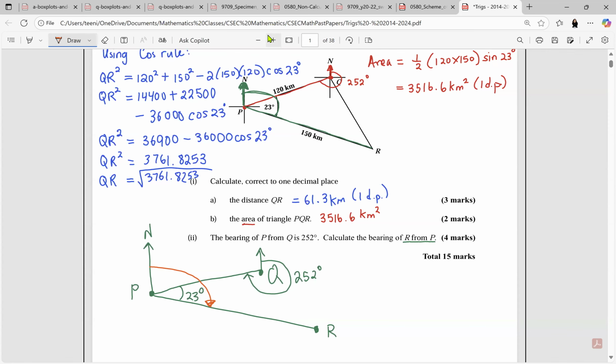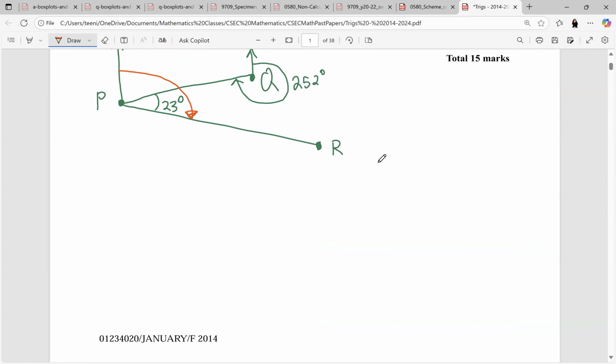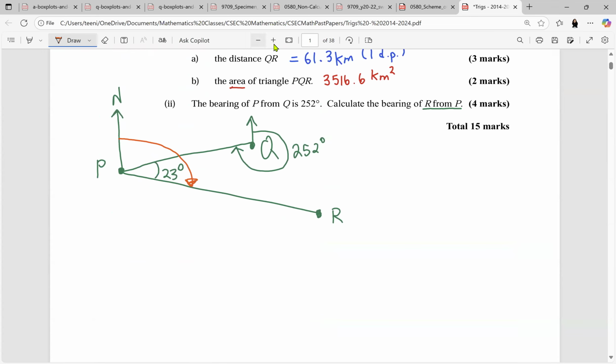Let me show you all why I showed you that thing just now about the two north lines being parallel to one another: it is in order to figure out what this whole angle is, from the north line here at P to the line PR.